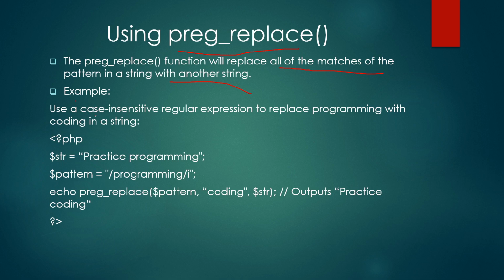Use a case insensitive regular expression to replace programming. So I will replace the word programming with coding. In my data, I have stored practice programming. Now instead of programming, I want to write coding. I want to replace this word with coding.